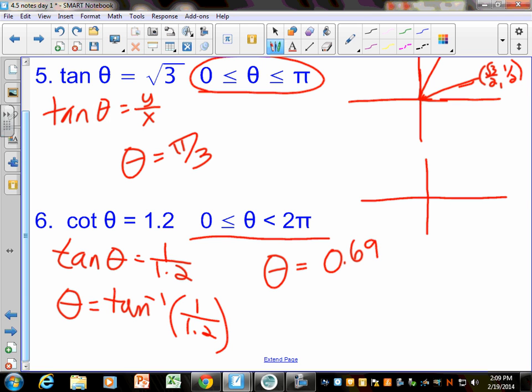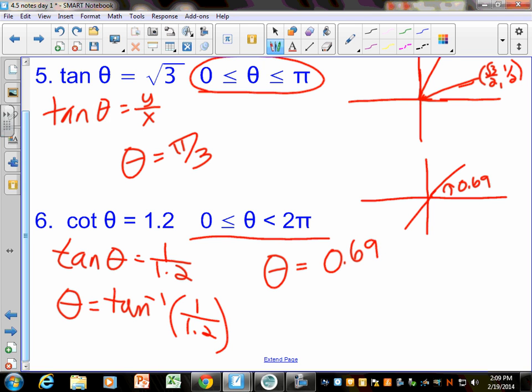0.69, do you agree that that's up somewhere in quadrant 1? That's a small angle, so I'm just going to say that's 0.69. And that's true. Is tangent and cotangent positive in quadrant 1? So that makes sense. My calculator gave me an answer in quadrant 1. What other quadrant is tangent and cotangent positive in?